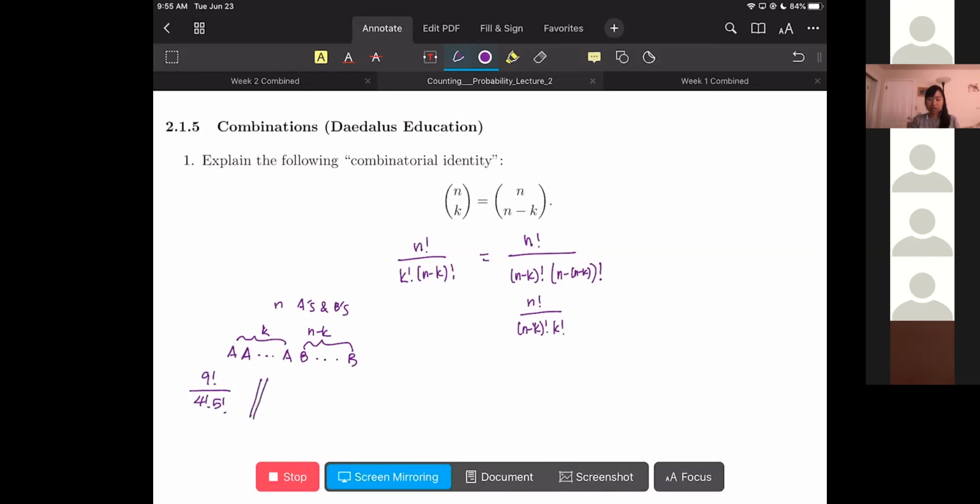Another way you could think about this is I have n spots and I want to choose k of them. Once I choose the k of them, I'm going to put A's in those spots. So that's going to be n choose k. Another way you can think about this is I have n spots and I want to choose n minus k of them. Once I pick those spots, I'm going to put the B's in them. And so all of these are counting the same thing.